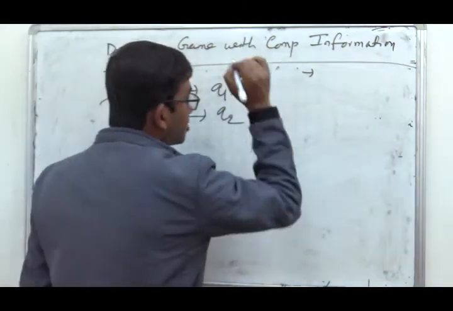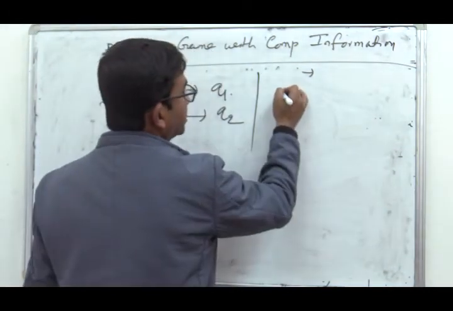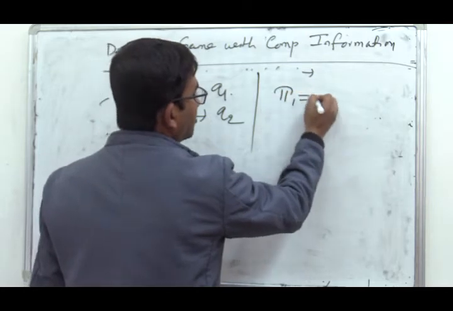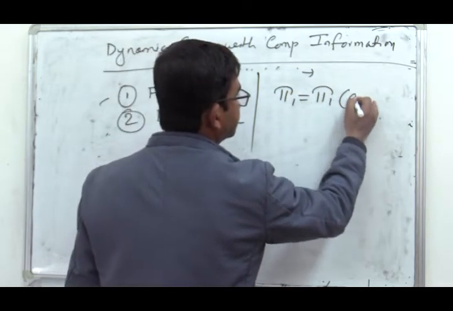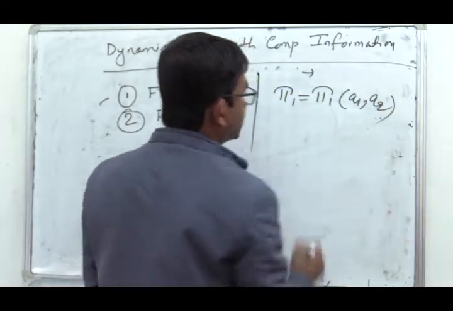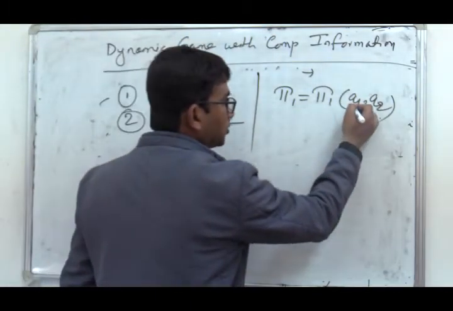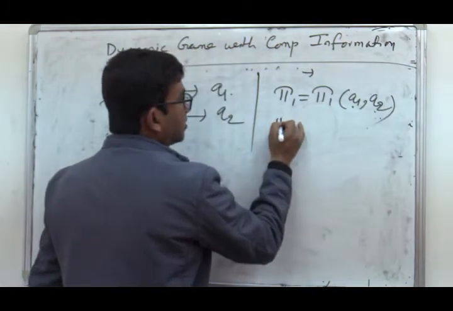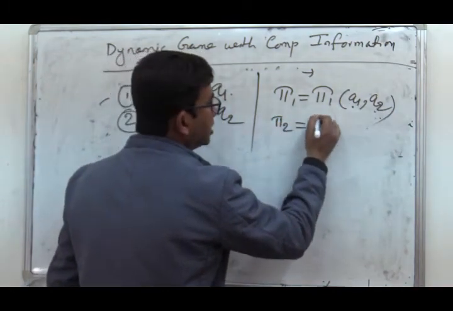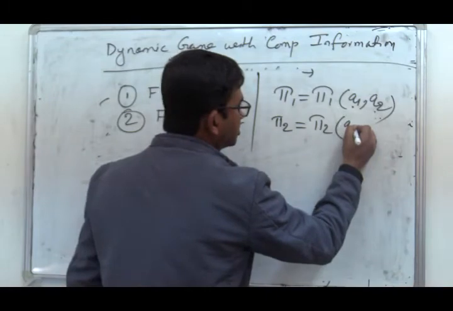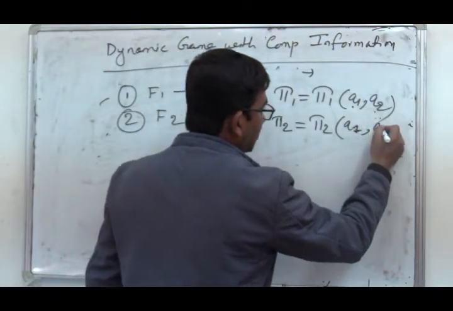One more thing to be remembered is the payoffs of both firms. Firm 1's payoff will be a function of the output produced by both firms. Firm 2's payoff will also be a function of outputs produced by both firms.